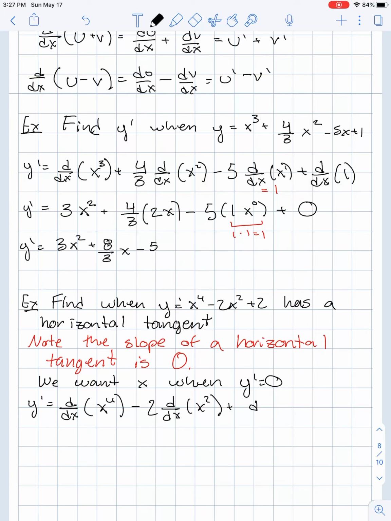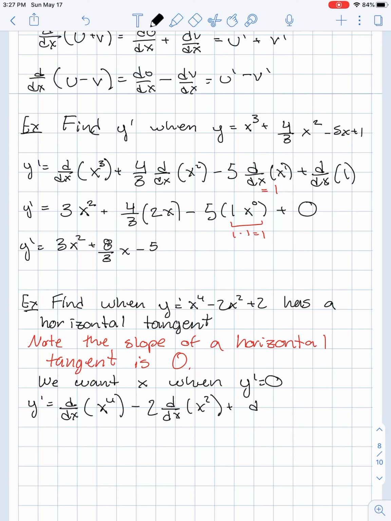So we write d dx of uv equals the derivative of u with respect to x times v plus u times the derivative of v with respect to x. Basically, I'm taking the derivative of one, keeping the other one the same, plus, and then I keep going on like that, right?